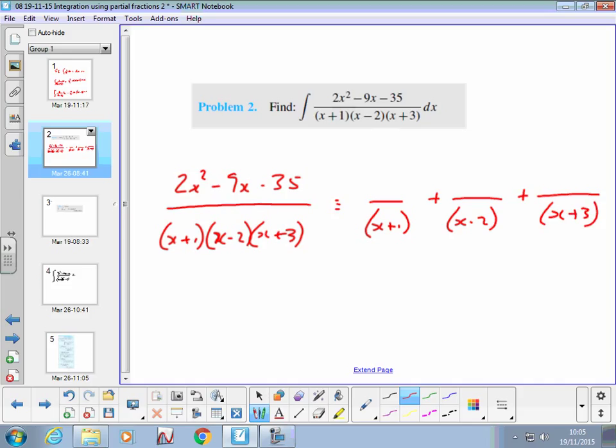So I split my fraction into the 3, which is a similar idea to what we did last week. And it's all about finding out what goes on top. So for now, we just call them A and B and C.